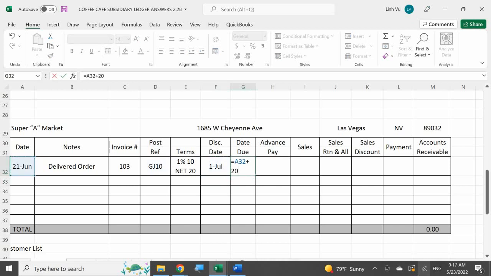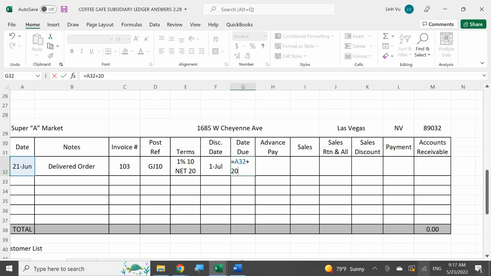So when is the whole entire bill due without the discount? 20 days from the 21st. Yes. If it's 20 days from July 1st, correct? No, it's 20 days from the bill date, not the discount due date. 20 days from the 21st.